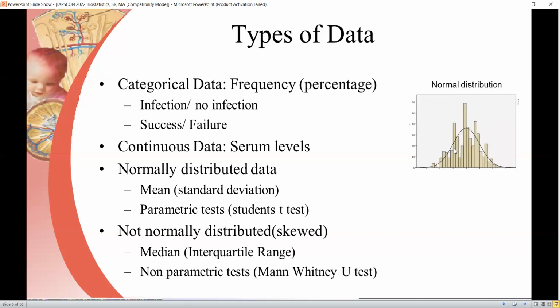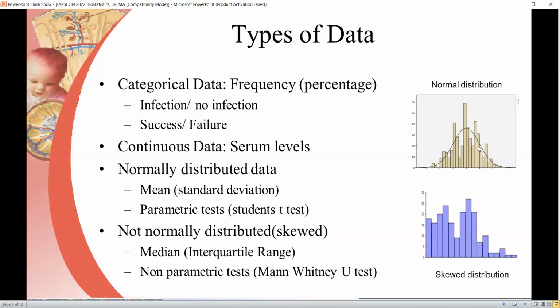A normal distribution means most of the population fall in the middle of the range. Whereas if it is a skewed distribution, then it is not normally distributed, and you need to use a non-parametric test. Now, you cannot plot all of them into a graph to see this kind of pattern, so there are tests to look at the normality of the distribution.